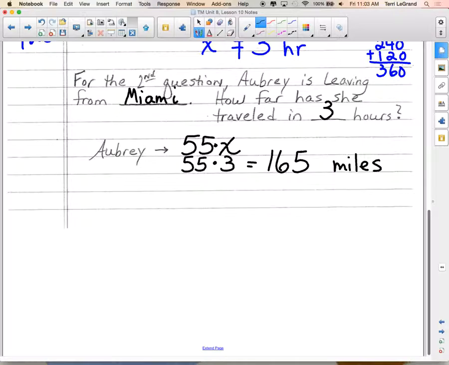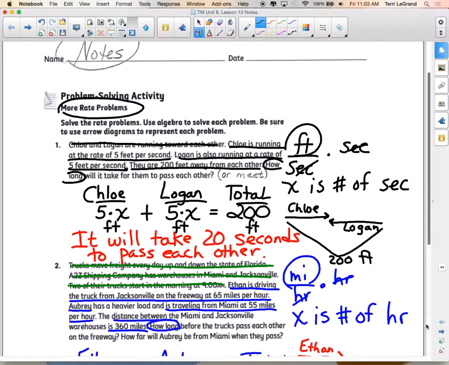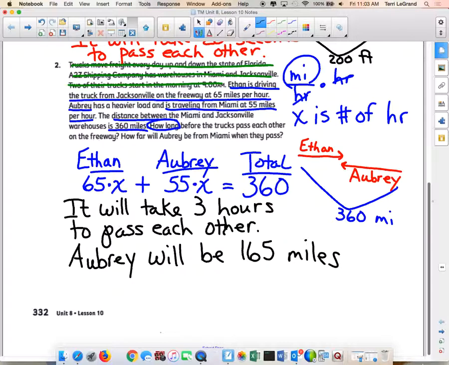Okay, so now let's go back and answer the second question. Aubrey will be 165 miles from Miami.